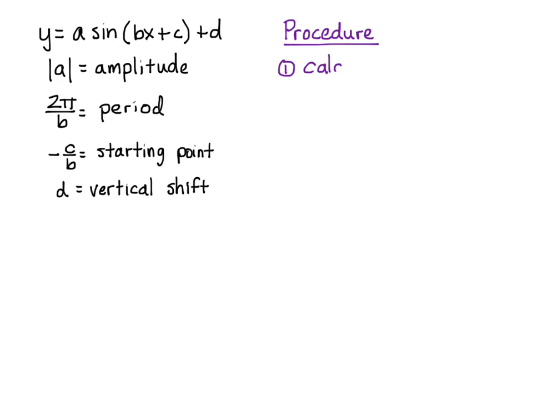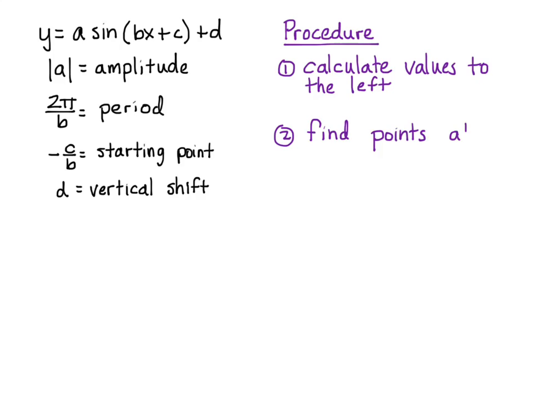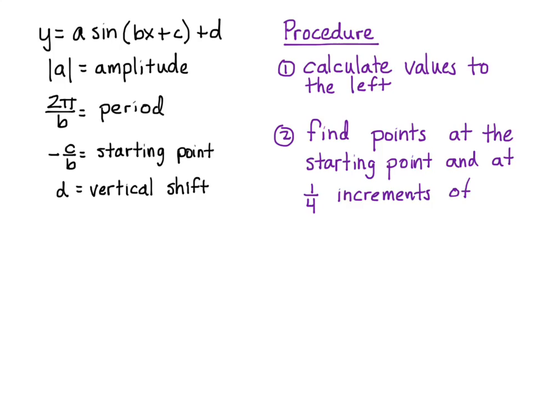Okay, so this is the procedure on how we're going to graph general functions of sine. So we're going to calculate these 4 values first. You say, okay, amplitude is this, period is that, starting point is this, vertical shift is that. And then what we're going to do is find the points at the starting point and at 1/4 increments of the period for those 5 key points.